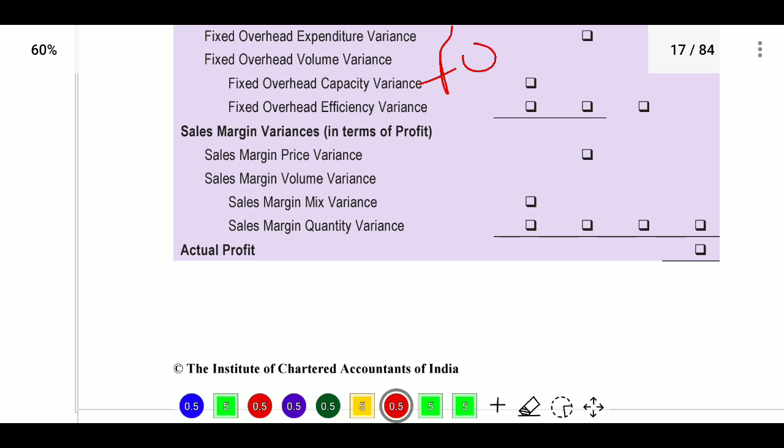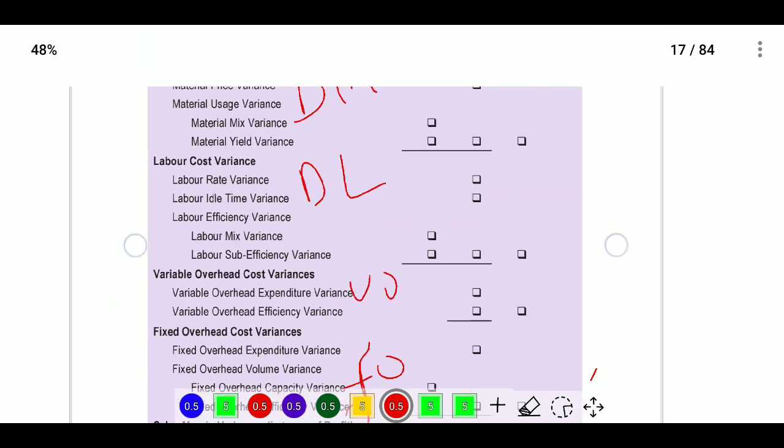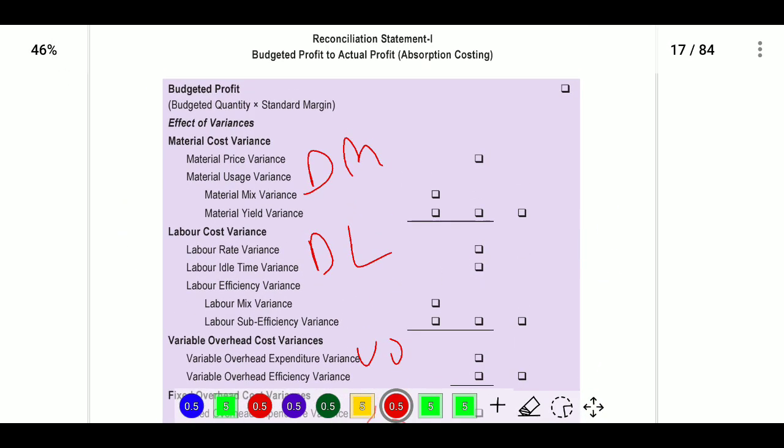Directly we will get the selling and distribution, then the sales. This is the absorption. So what is the actual profit? First we will take the profit, which will be budgeted profit. So we are preparing absorption costing, which means we go from standard budget profit to actual profit.